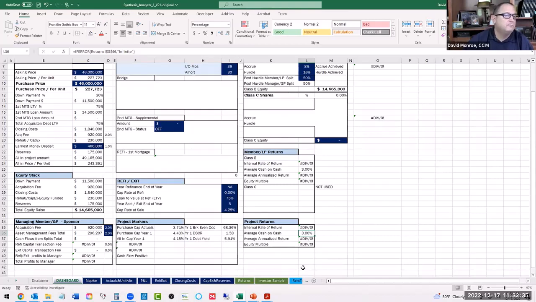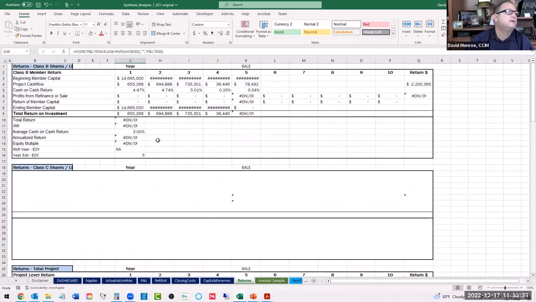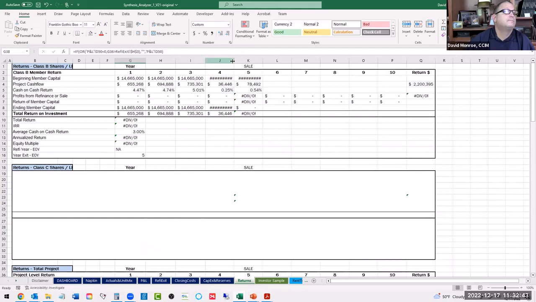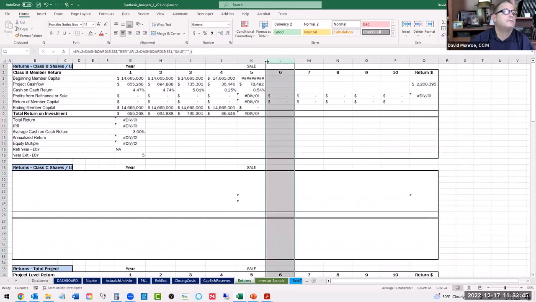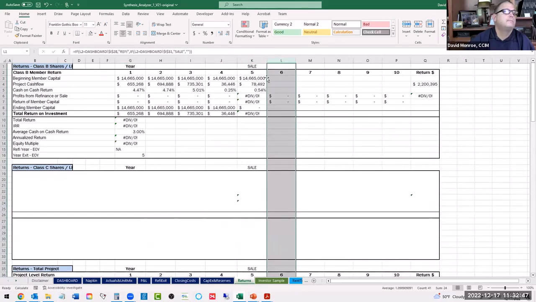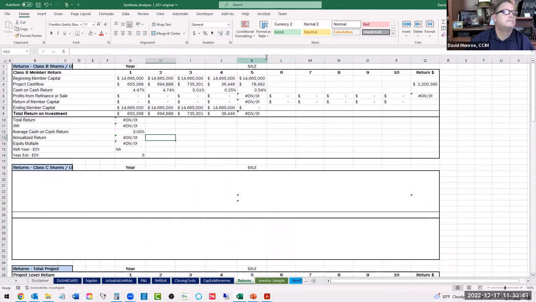So where is our returns? That's where it would be. So we've got beginning capital. Oh yeah, so your returns tank after you amortize. So not such a good deal no more.